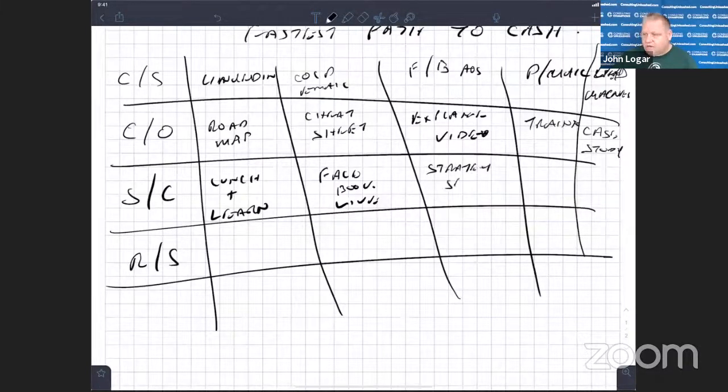We might have a product launch, a PLF, product launch formula. We might educate for 4 days, and at the end of the 4 days, here's where you buy our stuff, here's where you get what we do. So we might do a product launch. That would be our sales conversion methodology.